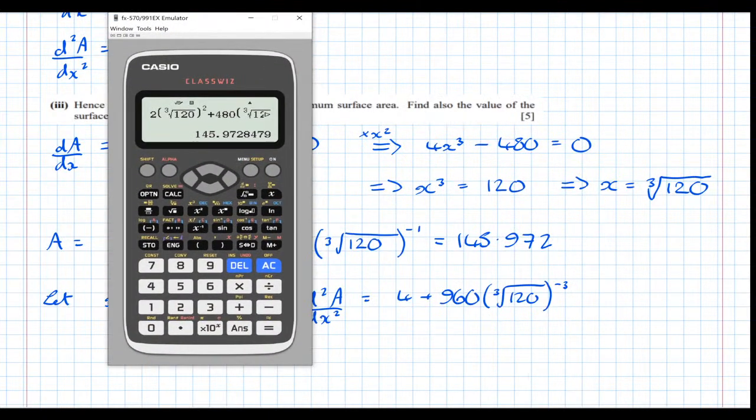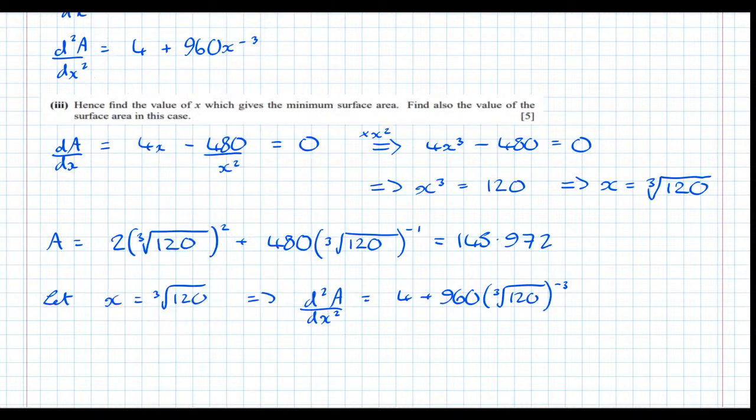Let's work that out. 4 plus 960 times the cube root of 120 to the power of minus 3, which is 12. And remember, bigger than 0, always compare to 0, then conclude, therefore minimum.